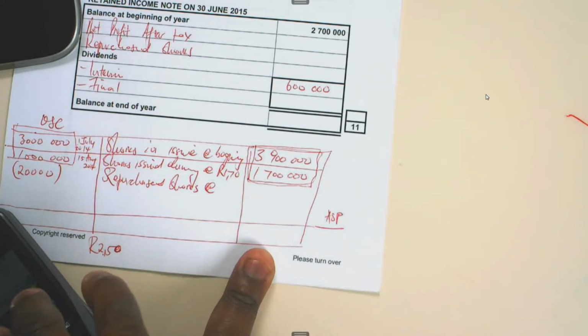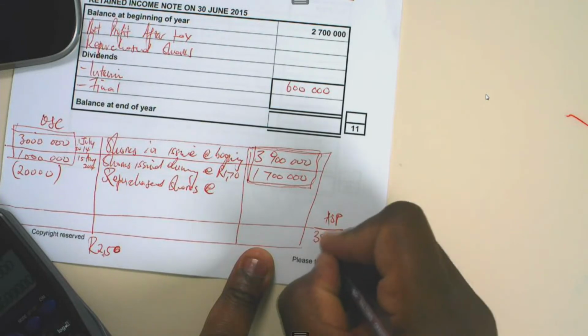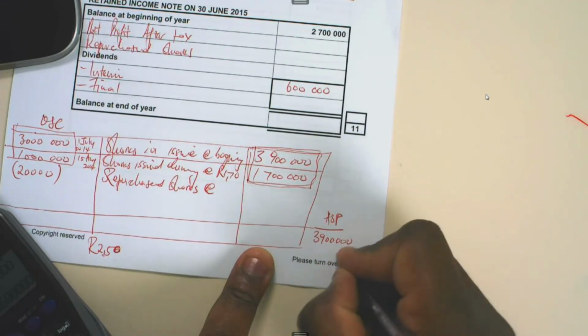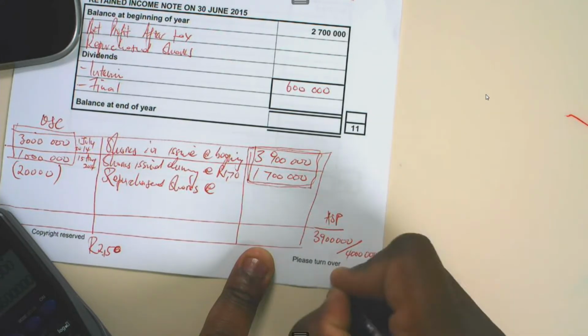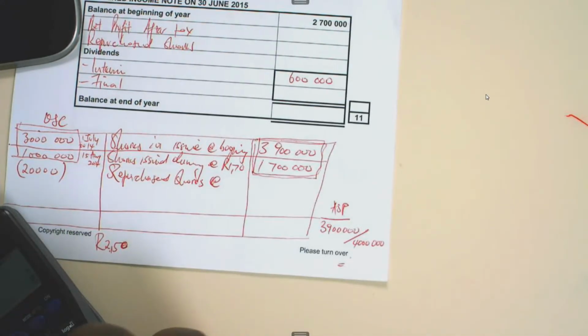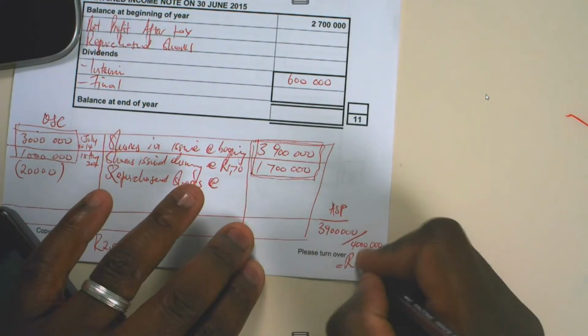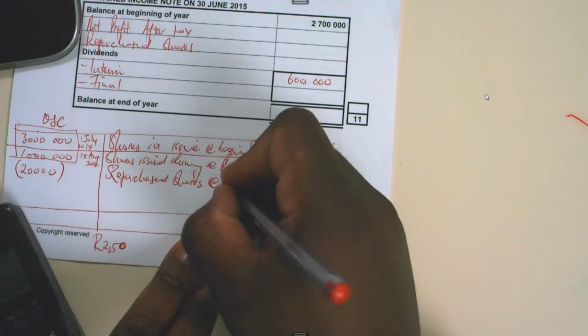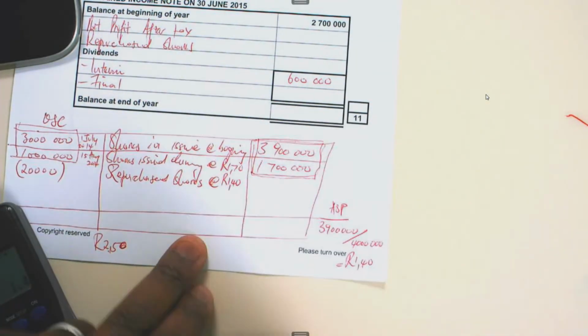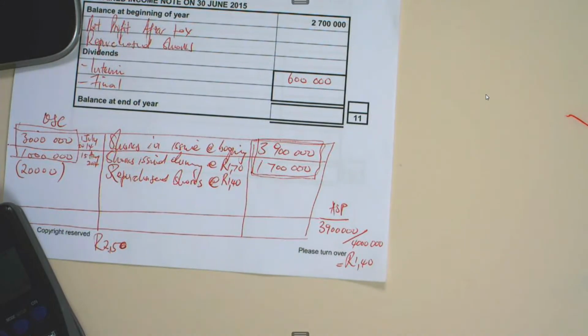We said 3.9 million divided by 4 million, and then we got R1.40. This is the average share price per share. Remember, I said to you, we repurchase shares in the ordinary share capital using average share price.